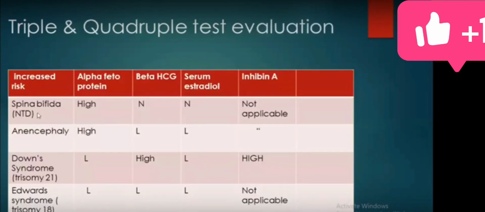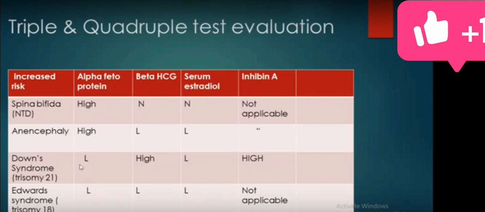If there is any neural tube defect, meaning any developmental defect in the brain as well as in the spinal cord, the alpha fetoprotein level will be high, and the other markers will be normal, or inhibin A is not applicable. In anencephaly also, the alpha fetoprotein level will be high.